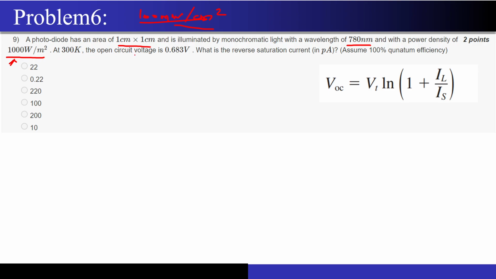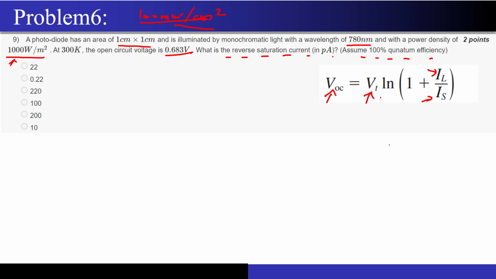Now at 300 Kelvin, the open circuit voltage is 0.683. What is the reverse saturation current, assuming 100% quantum efficiency? If I talk about the formula for the open circuit voltage, this value has been given to me. Vt I already know. I neither know IL nor do I know the IS value.